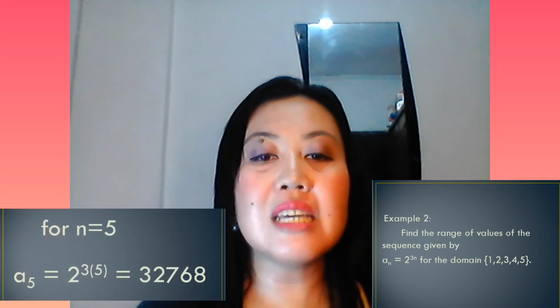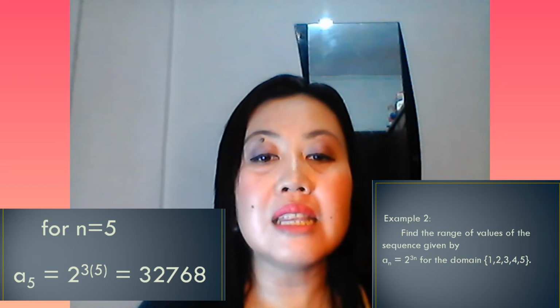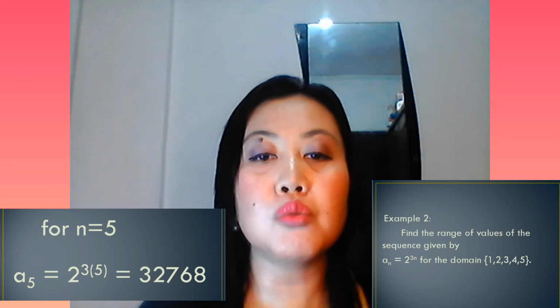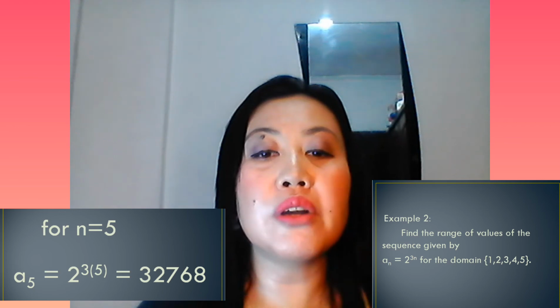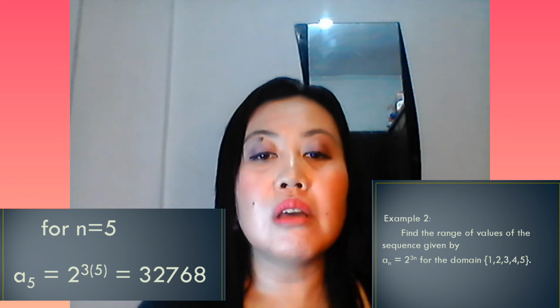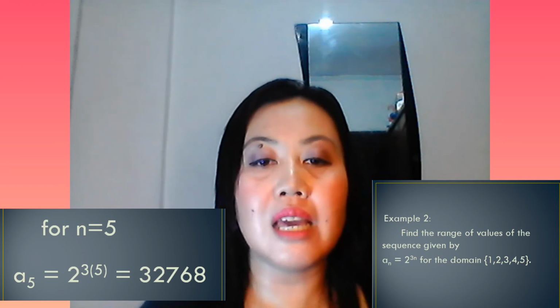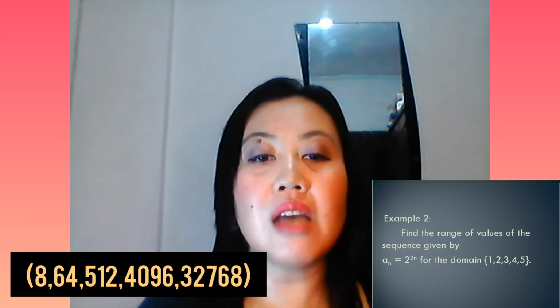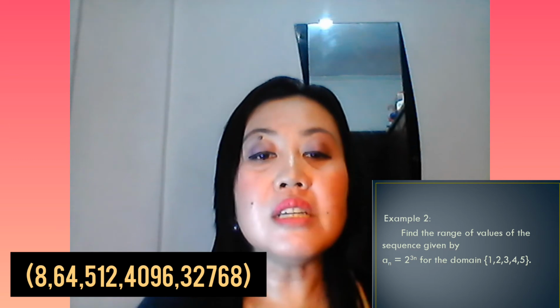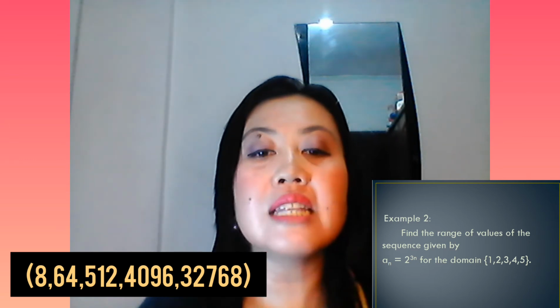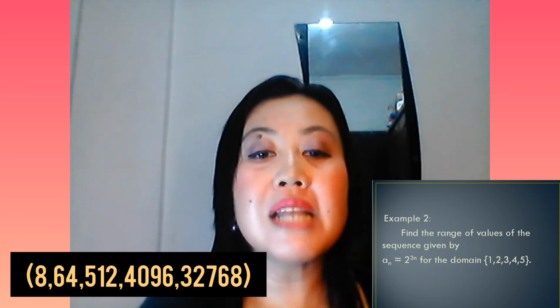Lastly, for n equals 5, a sub 5 is equal to 2 raised to 3 times 5, which is equal to 32,768. The finite sequence is 8, 64, 512, 4096, and 32,768.